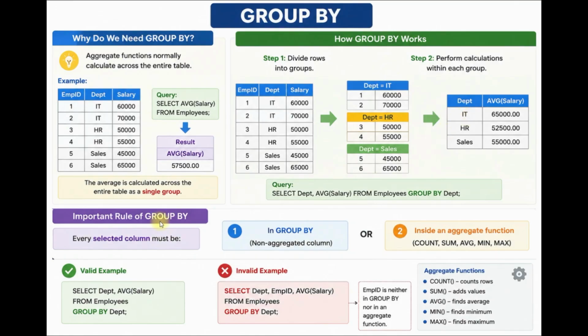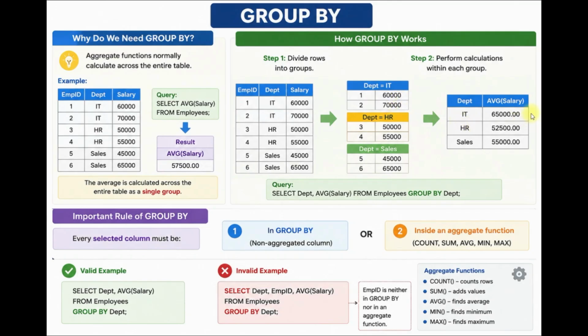And there is an important rule of group by: every selected column must be part of the group by. So if department is in the group by, then only can we have department in select. If you try to put employee ID or something, then that value will repeat. For example, in IT we have two employees who have 60,000 and 70,000.